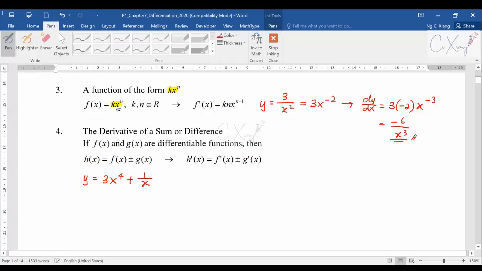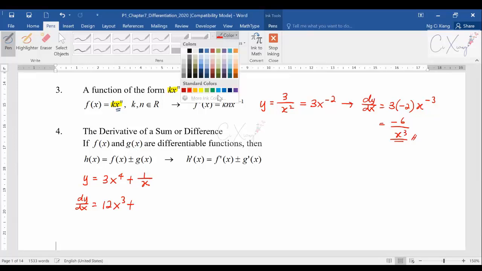So 3x power 4 is one function, 1 over x is another function. So you're having a function plus another function. To do the differentiation, you can differentiate it separately. So you differentiate 3x power 4 first, you will have 12x power 3 plus, you just copy the plus.